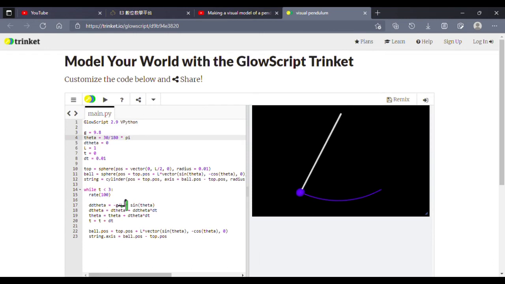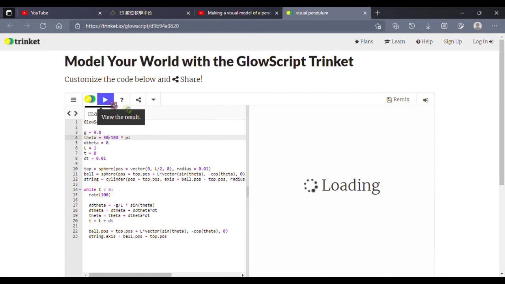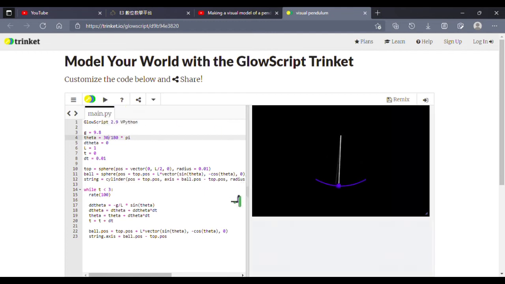And finally, the while loop, and t less than 3 means that it will display for 3 seconds. And rate of 100 means how fast it will display.